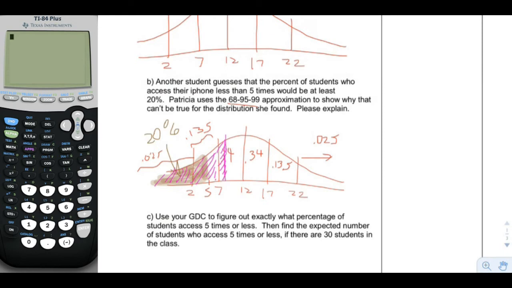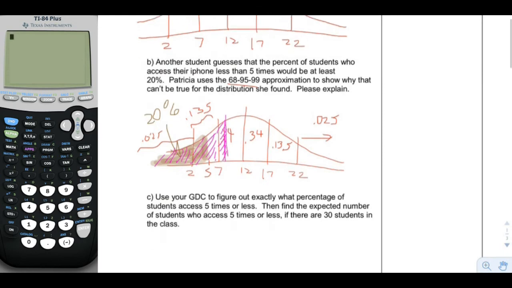So that's our explanation: if it was really 20%, it would go all the way past the 7 here. It would be more than 7. It would be around 8 or 9.